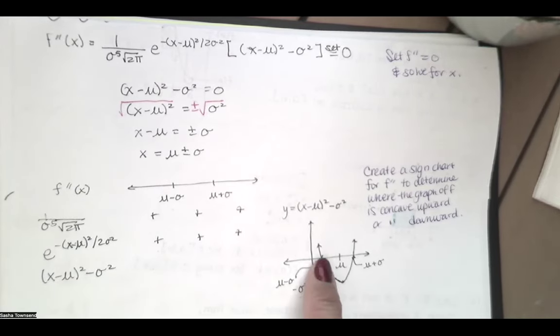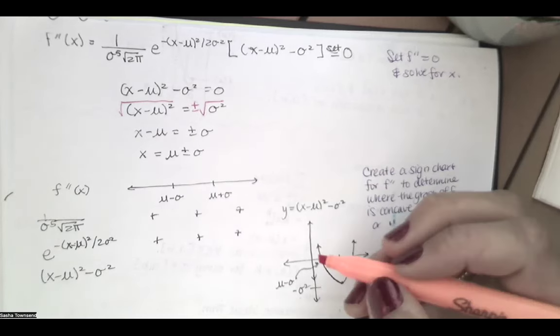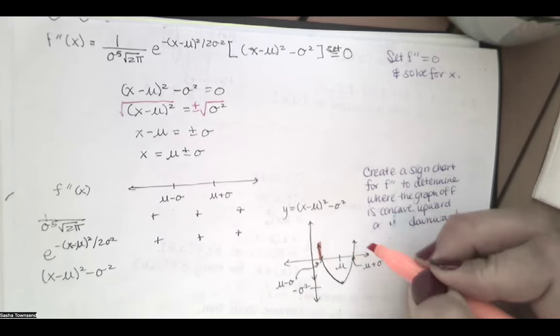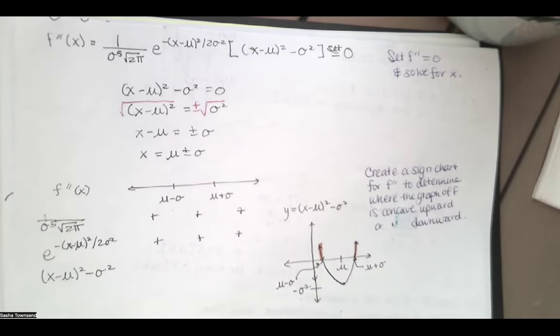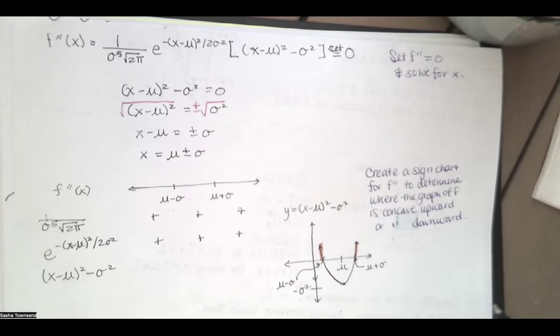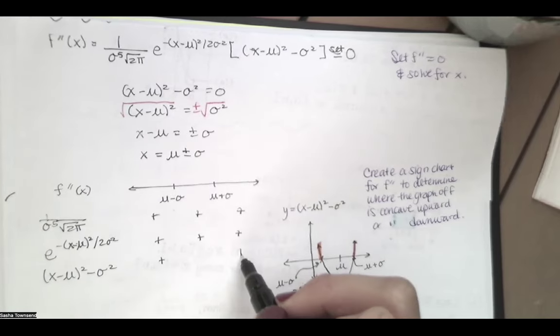So on this interval here, we see that our function values are positive, and our function values are positive over there as well. So if we are beyond mu minus sigma and mu plus sigma, either to the left or to the right, the y values on that parabola are greater than 0.